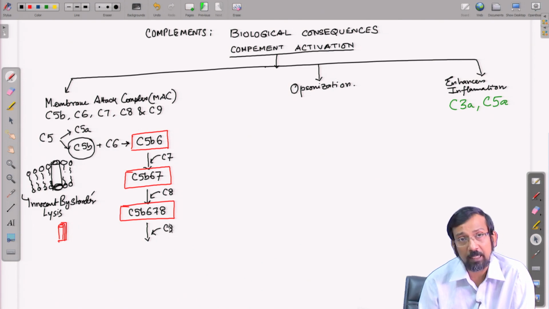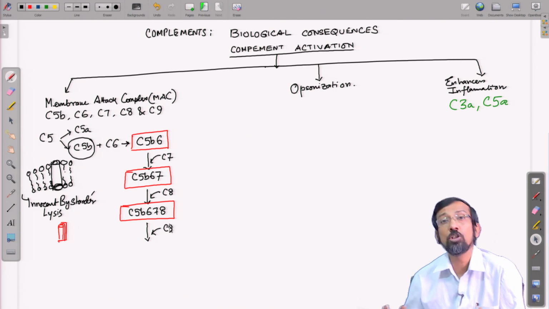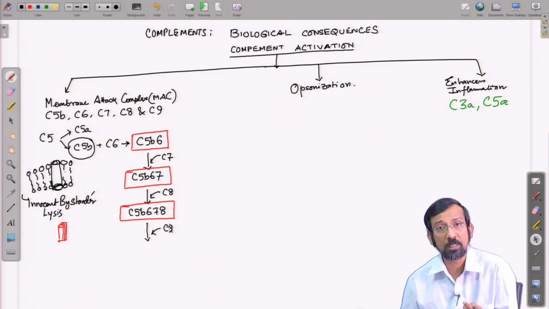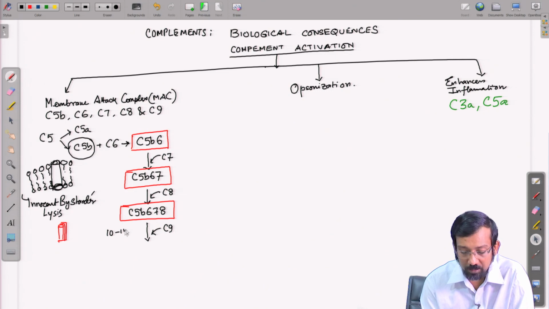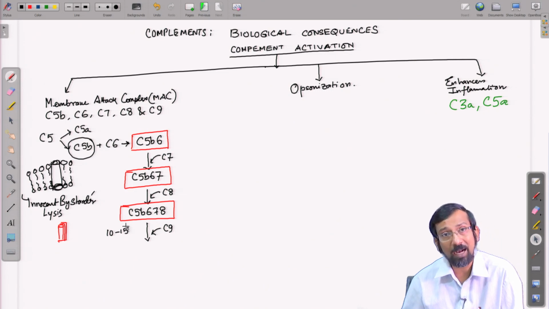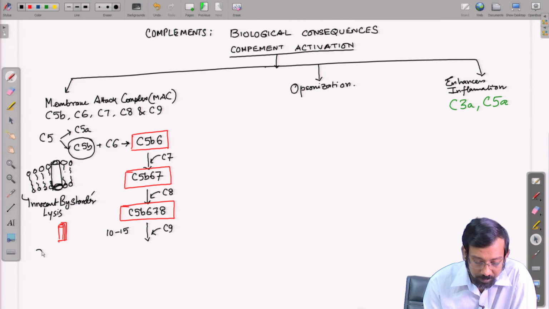Now, C9 usually binds in huge numbers, it is not a single C9. So, like 10 to 15 C9 molecules can bind together and form something that would look like this.